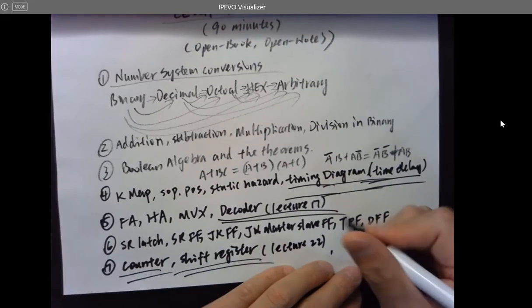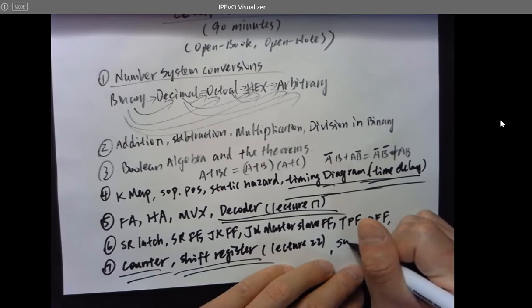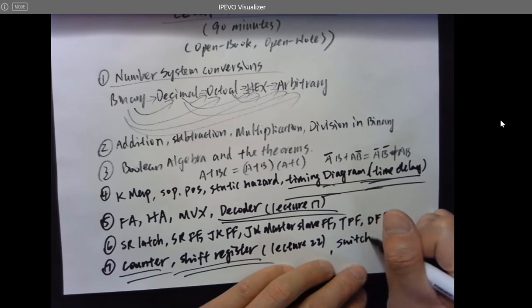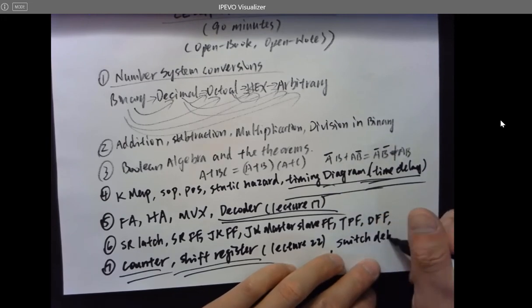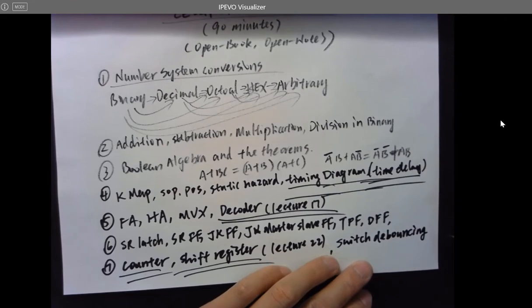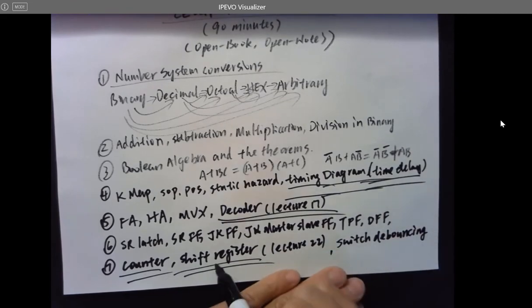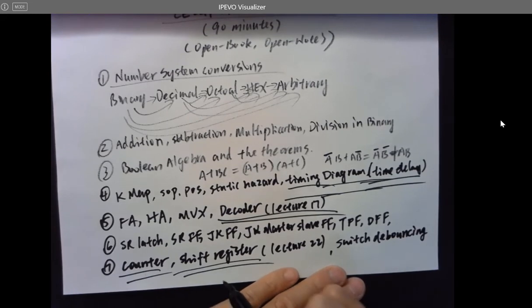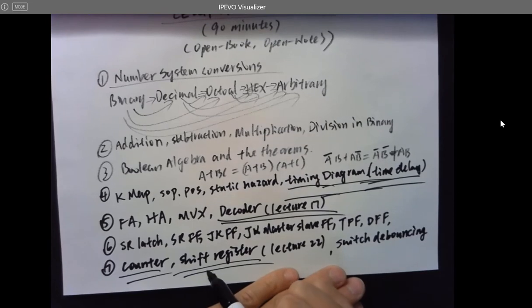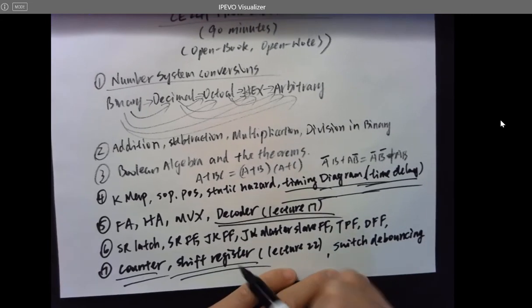And also switch debouncing. We didn't have a homework assignment for these ones. Probably only this one we have? Maybe not, I forgot. Anyway, watch the lecture, look at the example I showed you in the lecture, and try to do it yourself and learn it.